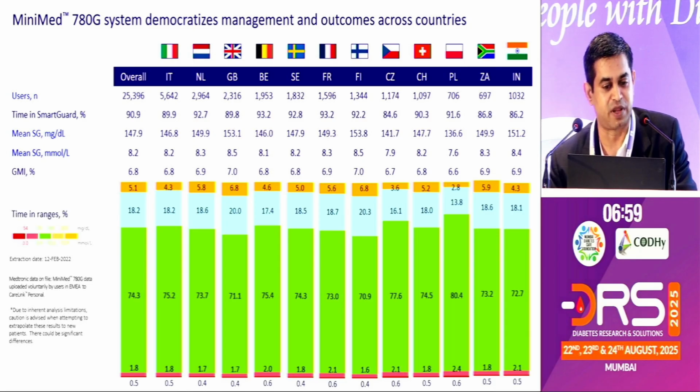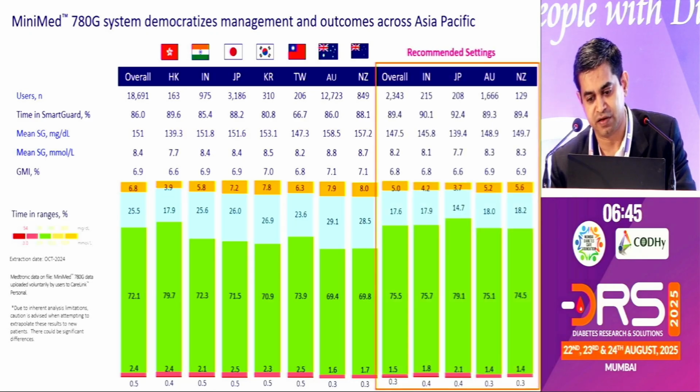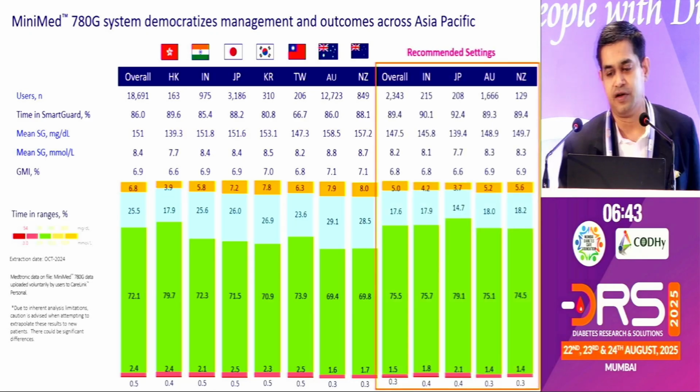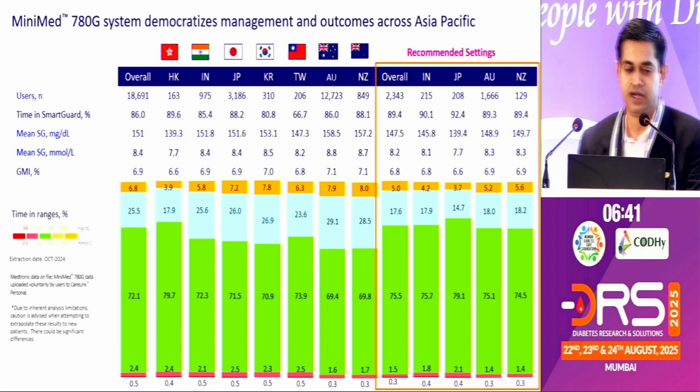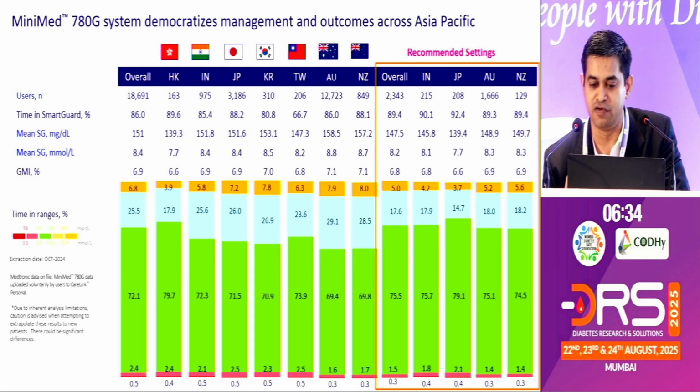And if you want to see Asia Pacific, Hong Kong, India, Japan, Korea, Taiwan, Australia, New Zealand, almost similar, except Hong Kong has a much better time in range. Otherwise, most of them are in the same range. And if you use the optimal settings, you can see again almost the same time in range and GMI in all the groups. So it does not discriminate whether you are from Netherlands or UK or US or India.